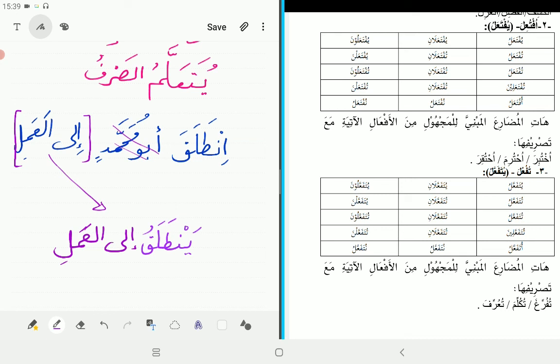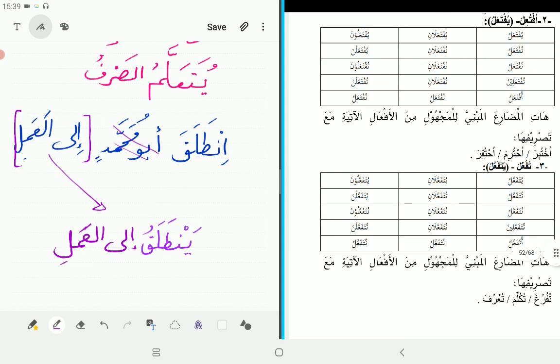The following scale is تفعل يتفعل, like تكلم becomes يتكلم. تفضل. يتكلم, يتكلمان, يتكلمون, يتكلمن. You dropped the ta in the beginning. By the way, that is permissible.